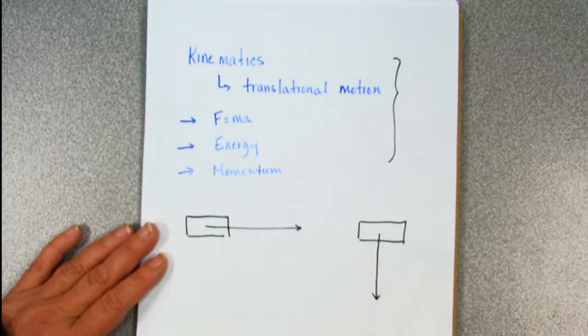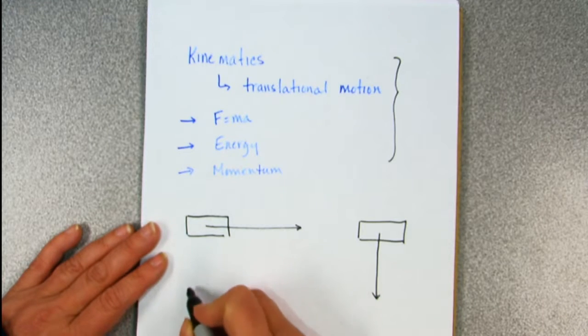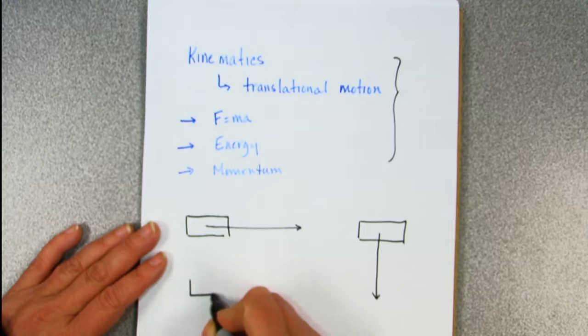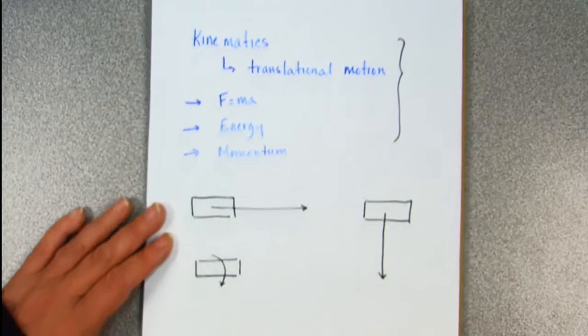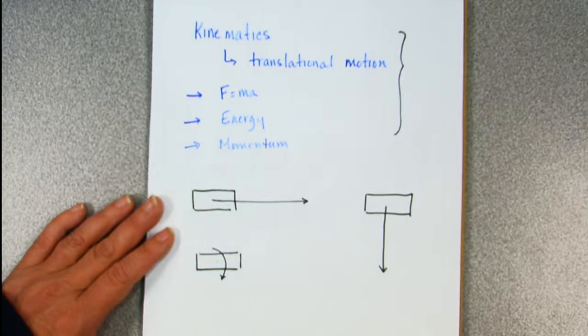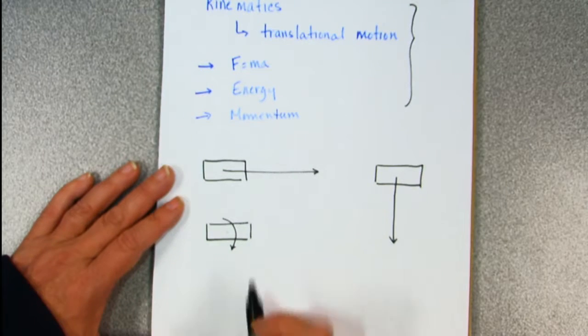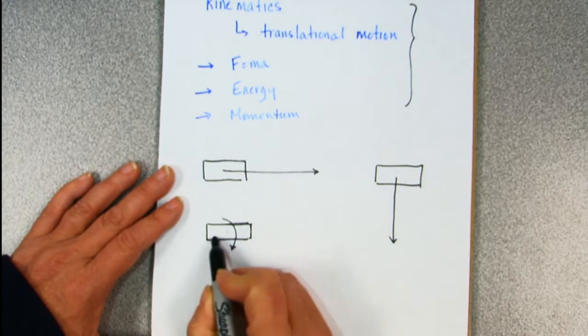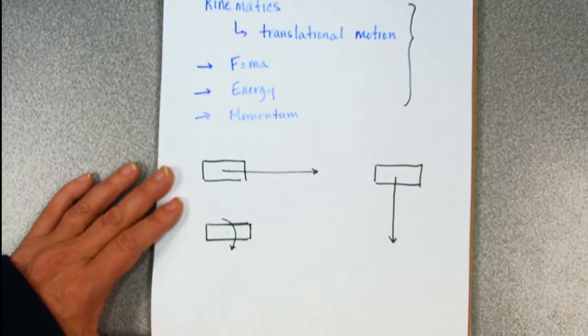But that's not the only motion that we have, right? Because if I drop a block, my block can also tumble and spin. We don't just have a block that moves in its X and Y direction.